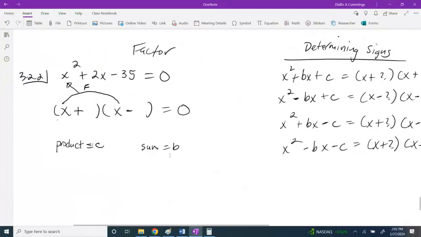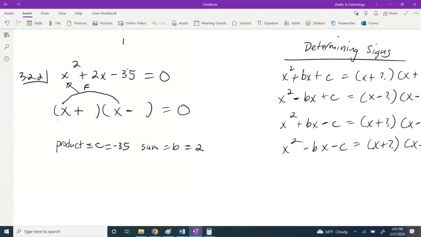So I need two numbers. When I multiply, I get negative 35, but when I add them together, I get positive 2. Keep in mind, one of those numbers has to be negative, one has to be positive. So I'm going to look at all the factors of 35.